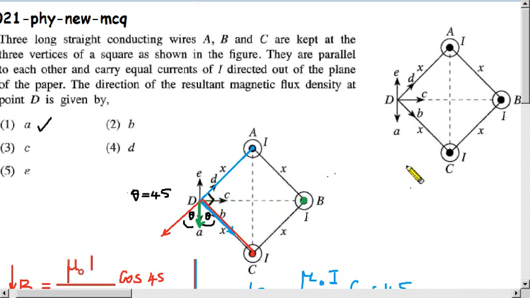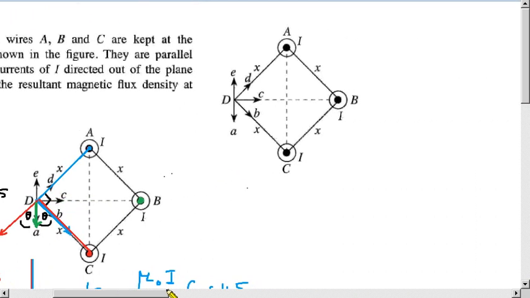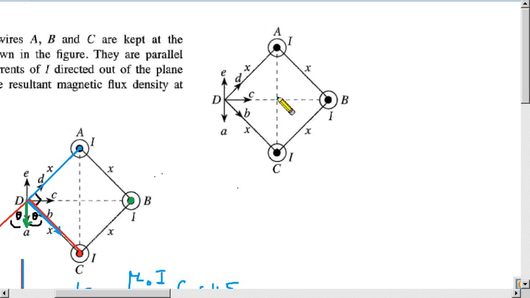So how to find it? Using this diagram. This angle is 45 degrees, and this length is x. So you have to turn it this way. Then what is this one? x cos 45. But we want this total length, so 2 times, this one also the same.